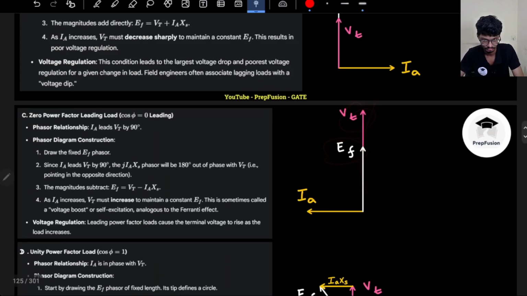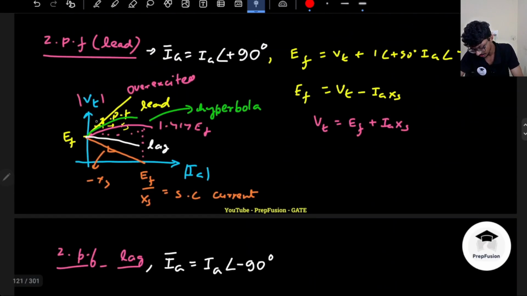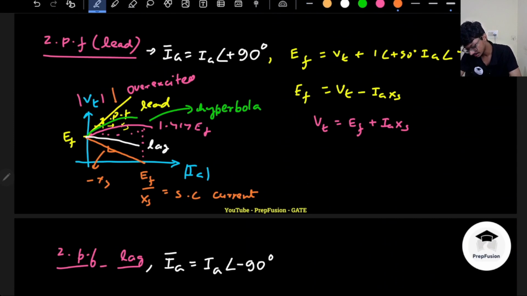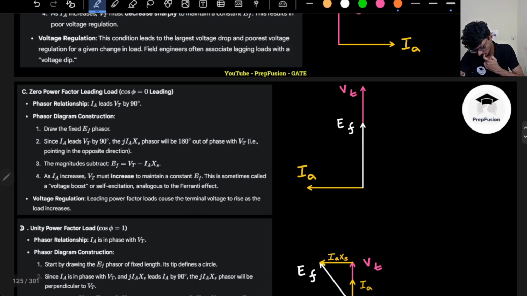But in the same direction, because they will not have any phase difference. There will be a linear relationship, either linearly decreasing or increasing. Linear relationship, okay?